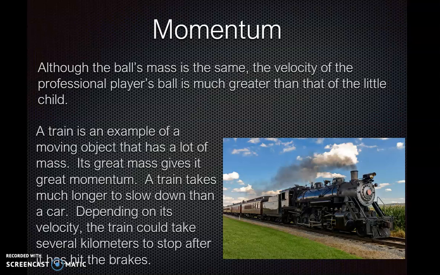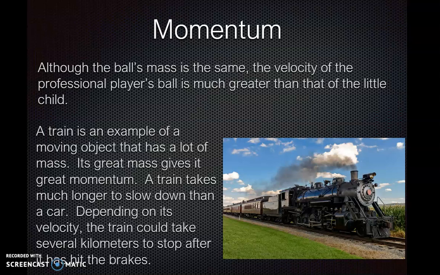And all of a sudden, there is something on the track and the road up ahead, and both the Mini Cooper and the train have to hit the brakes. Which one needs to hit the brakes a lot faster than the other one? That's right, the train. The train is going to take a lot longer to slow down because it has a greater mass.